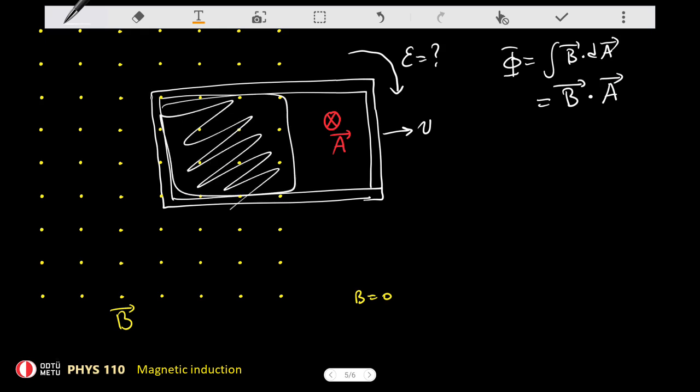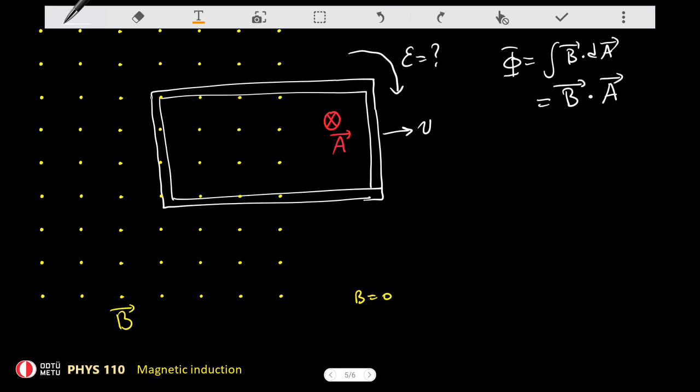It's the same story, but this time we have the product of two anti-parallel vectors. So their dot product is negative. I just use this to find the sign of the flux, basically.